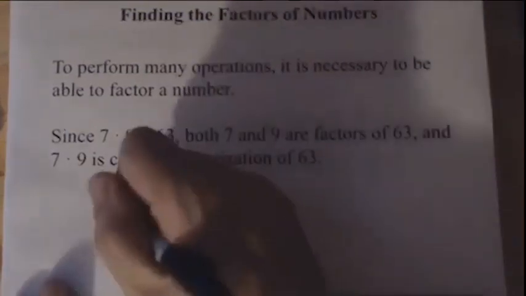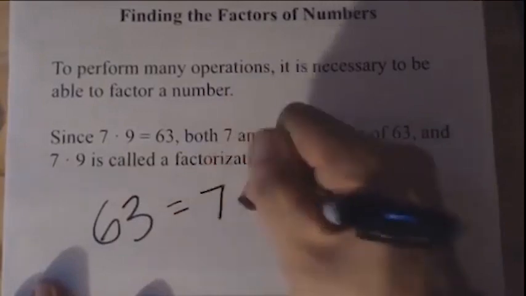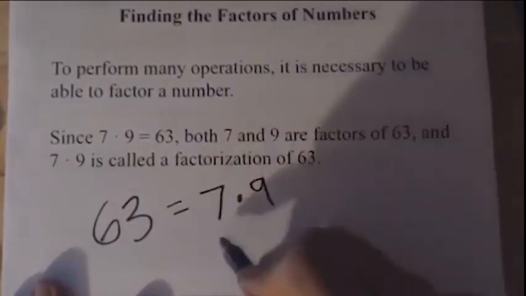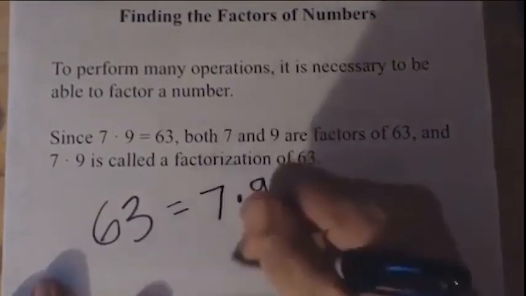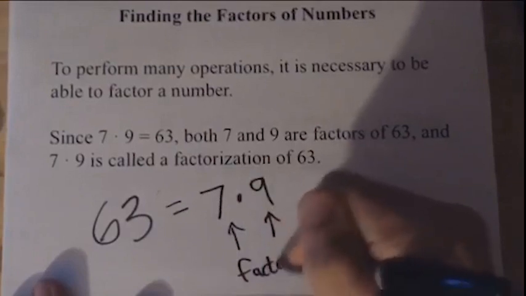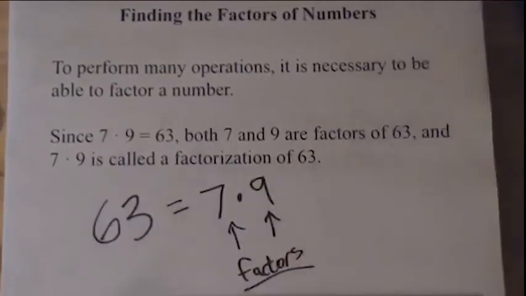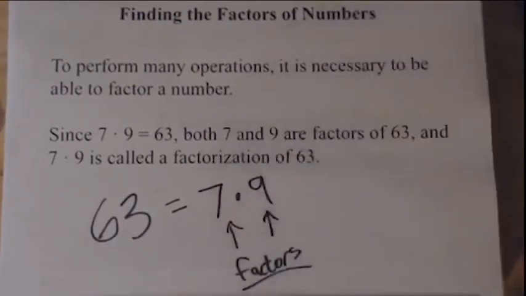So for instance, if we had 63, we know 63 is 7 times 9. So 7 times 9 is a factorization of 63, because remember, the numbers that are multiplied together are called factors. So when we factor, we find factors. We find numbers that multiply together.